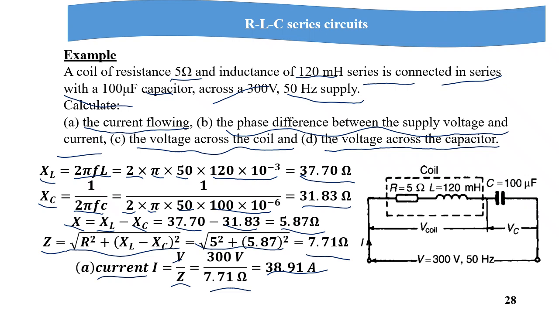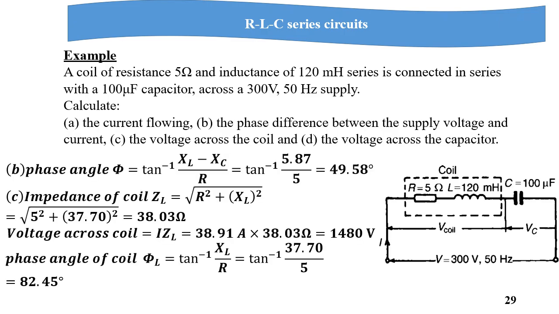For the phase difference between the supply voltage and the current, we get the angle of the impedance, which is tan inverse of XL minus XC divided by R, which is tan inverse 5.87 divided by 5, which is 49.58 degrees, and this is the second required.